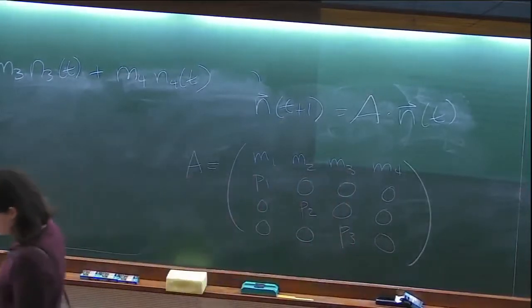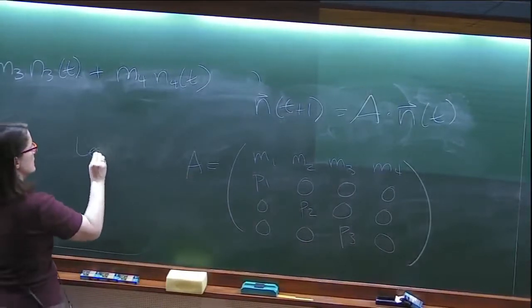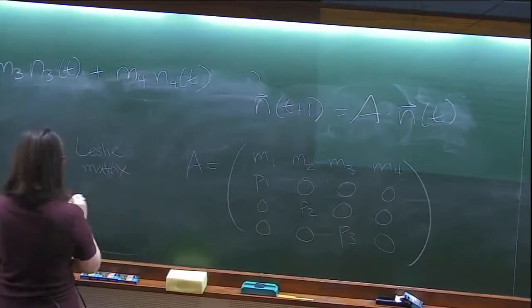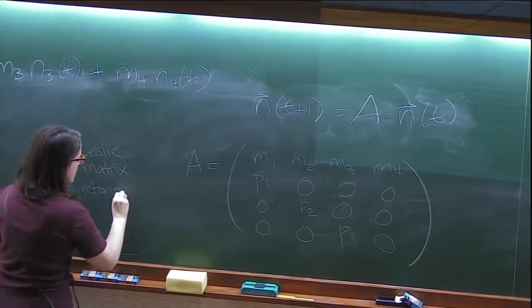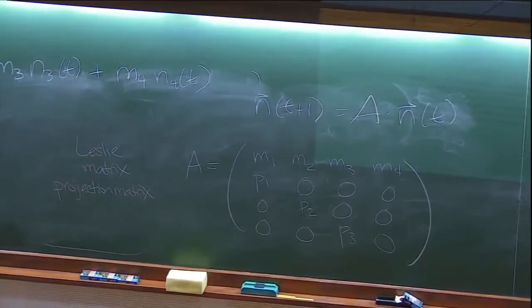That's the transition matrix. Now, this is what's called a Leslie matrix. It's also sometimes called a projection matrix, because it lets you take a vector of the number of individuals in the previous time unit, in age 1, 2, 3, and 4, and project what the numbers will be one time unit later.